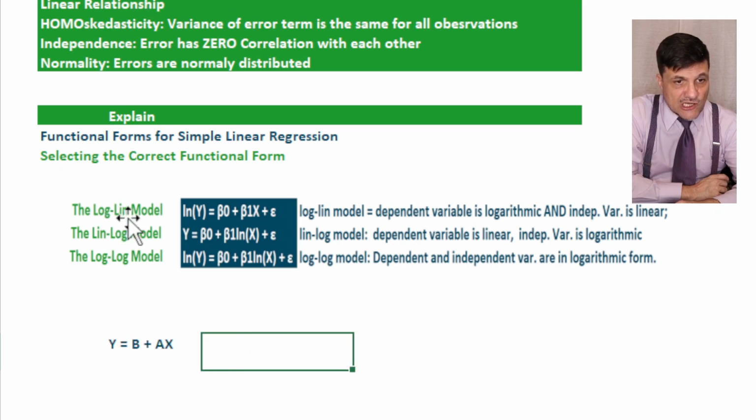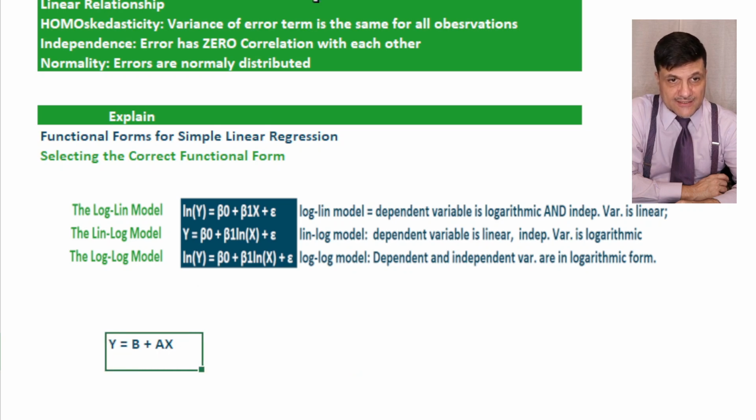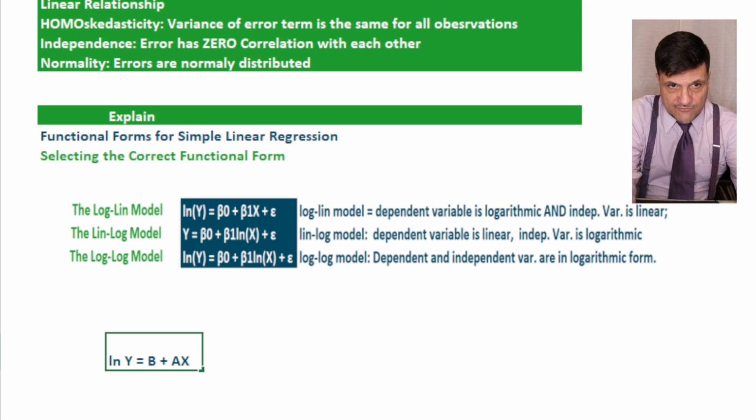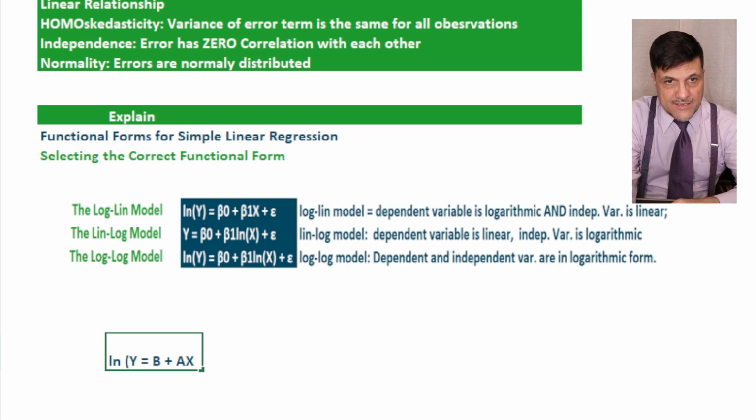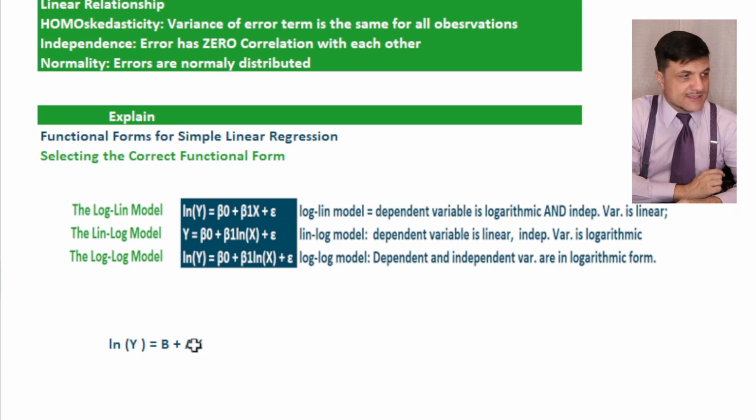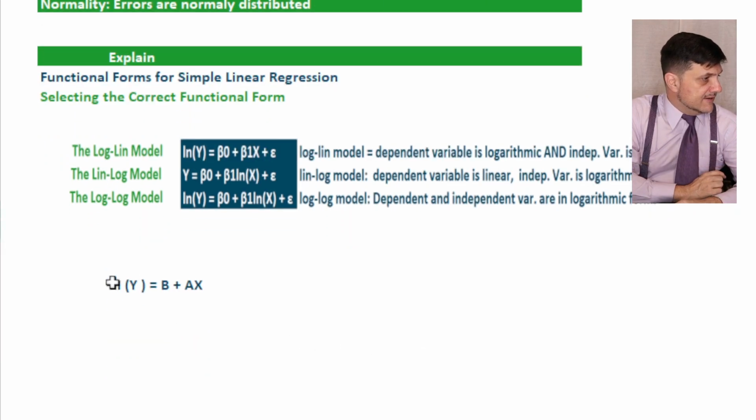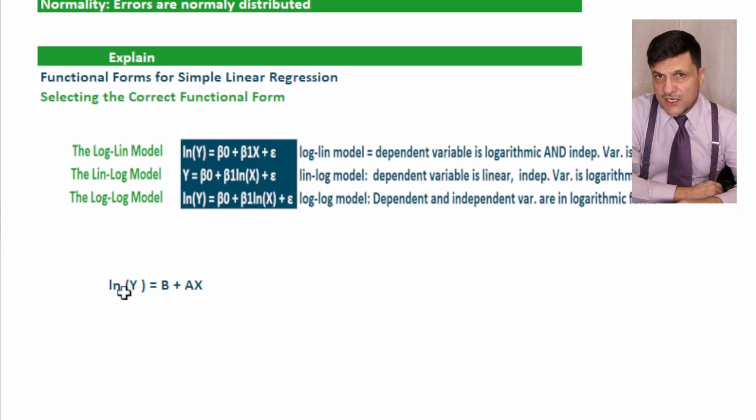It's log-lin, so the log goes on the y. So a log-lin regression is the ln of y equals intercept plus ax. That's the natural log, right? The natural log of y equals b, the intercept, plus ax. There you go. This is a log-lin.